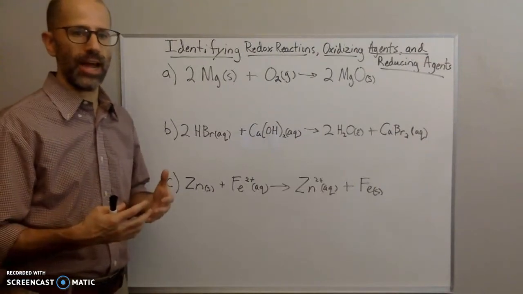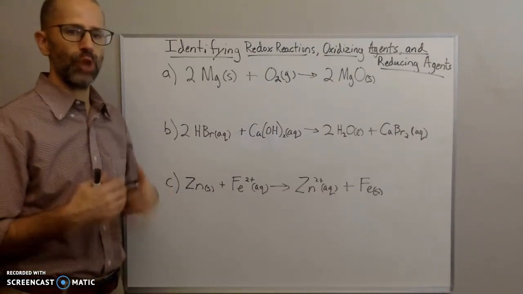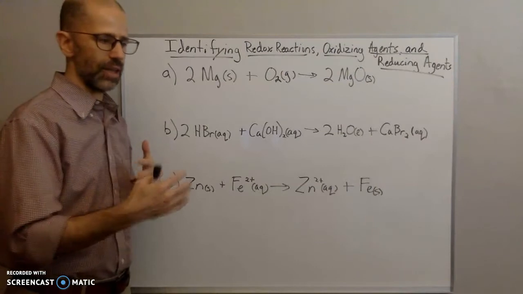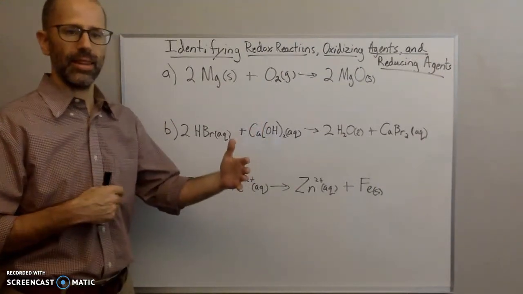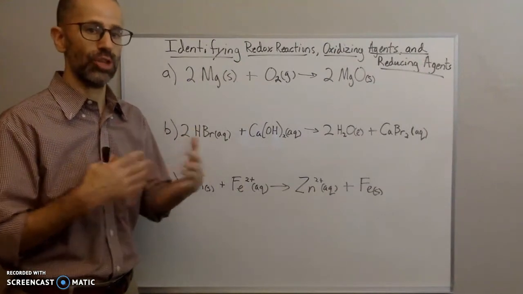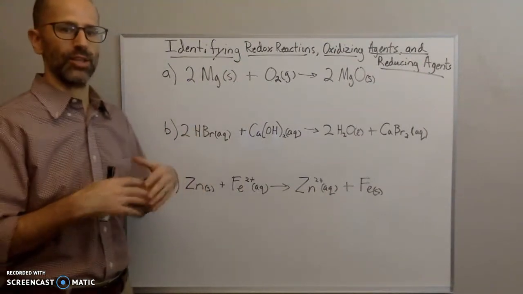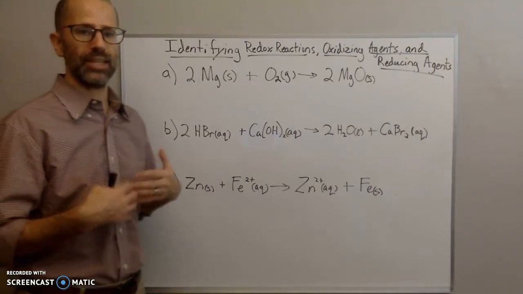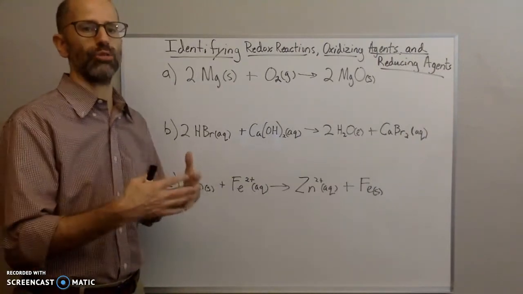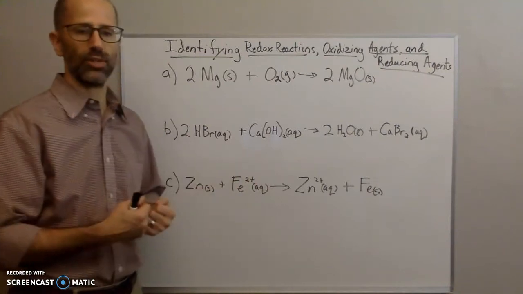So if you know that oxidation is where you lose the electrons, then those electrons have to go somewhere. They can't just float away, right? If something is giving away electrons, there's also got to be something taking those electrons.